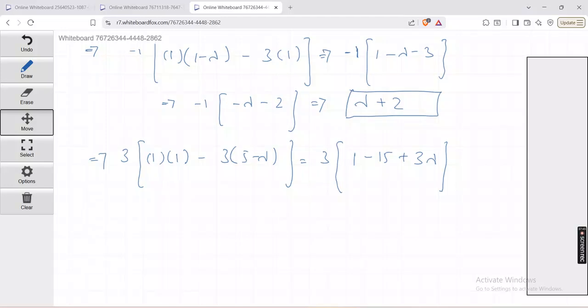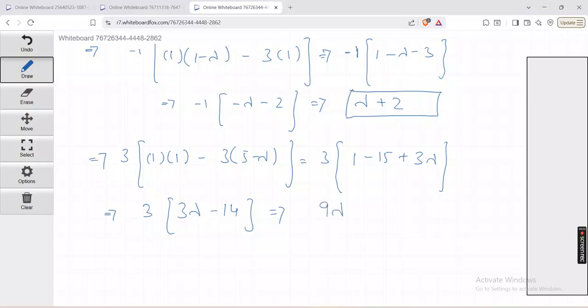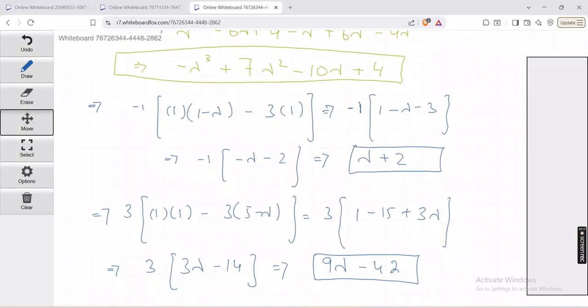Now this is 3 into 3 lambda minus 14, and once you solve it, it becomes 9 lambda minus 42. This is the third one. Now what you have to do is put all of them together.